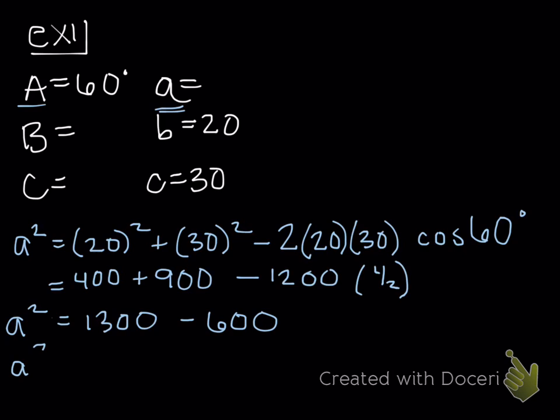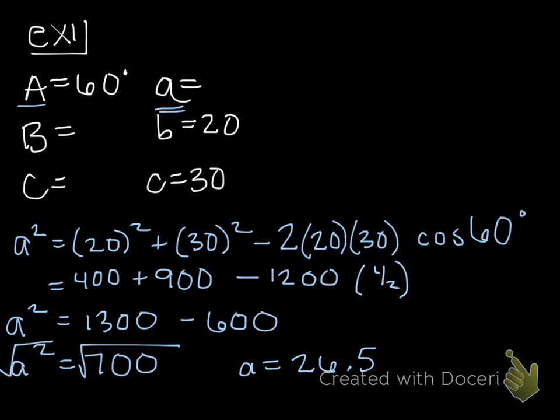And then I subtract them, and I'm left with 700. The last thing I need to do to solve for a is take the square root of both sides. We'll round to one decimal place for our side, and we get 26.5. So I found 26.5.